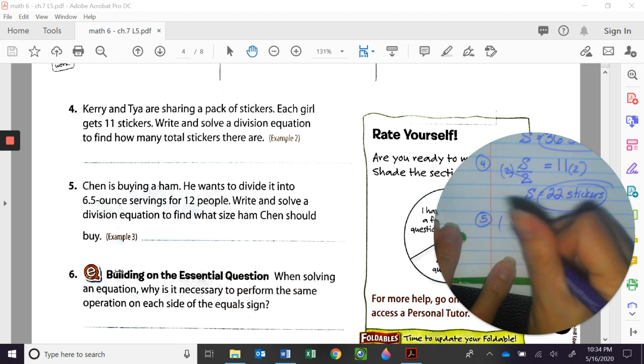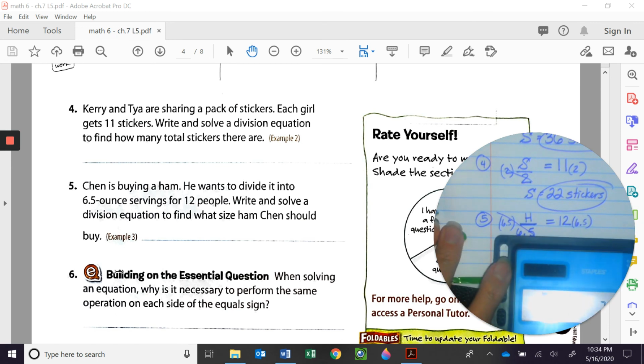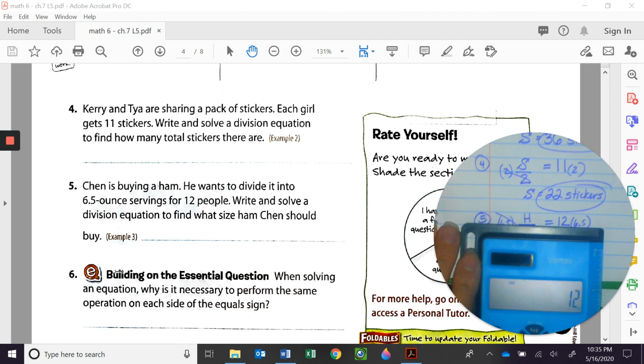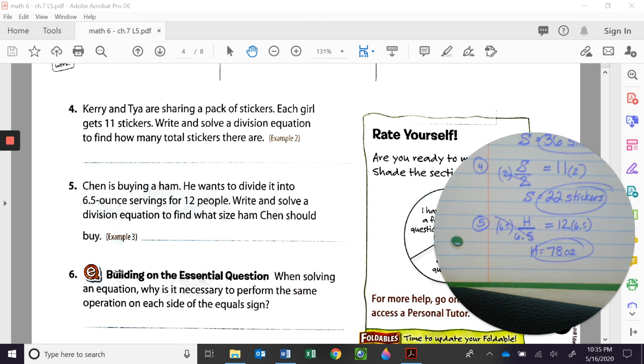So let's multiply by those 6.5 to figure out how big that ham needs to be. So 12 times 6.5 gives us 78. So Chen needs to buy a 78 ounce ham to make sure all 12 people can eat.